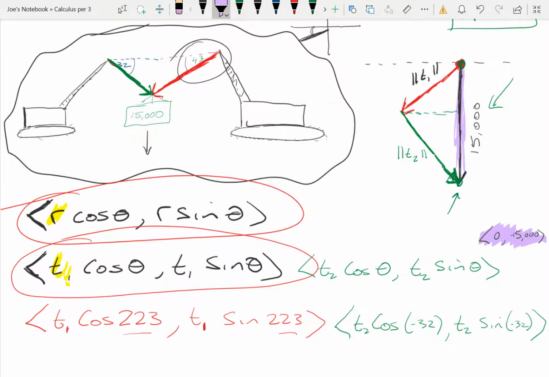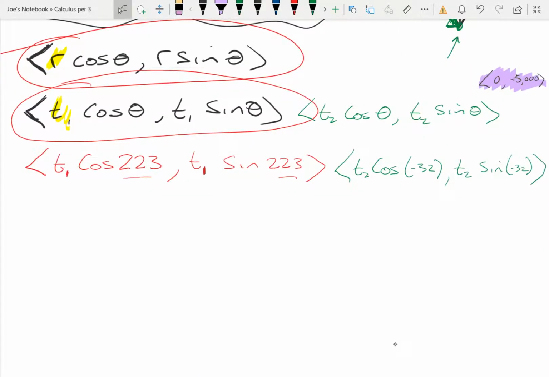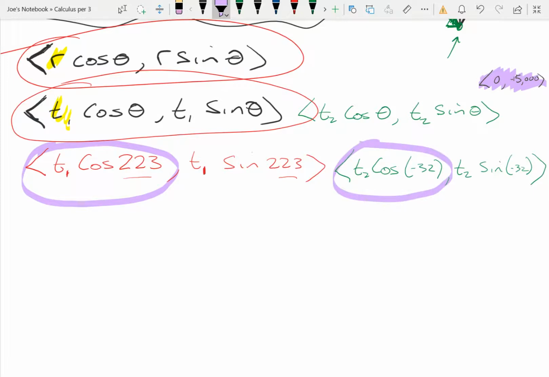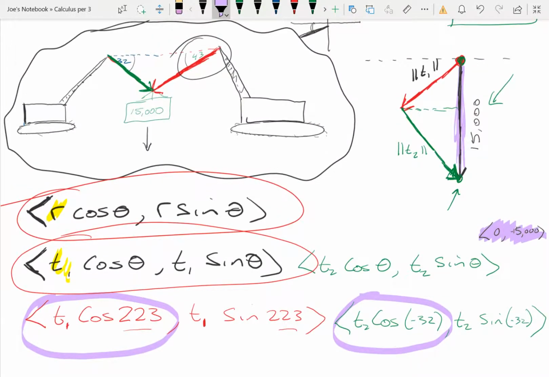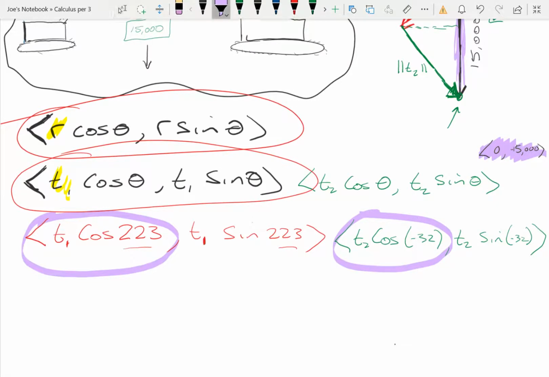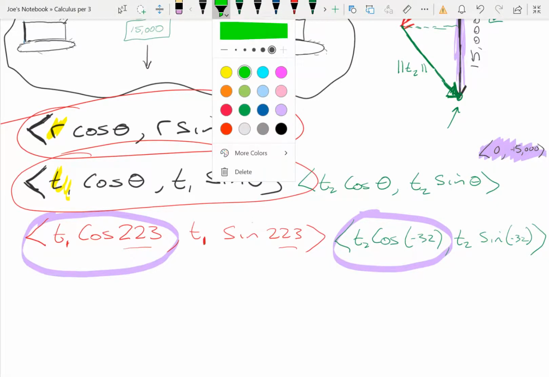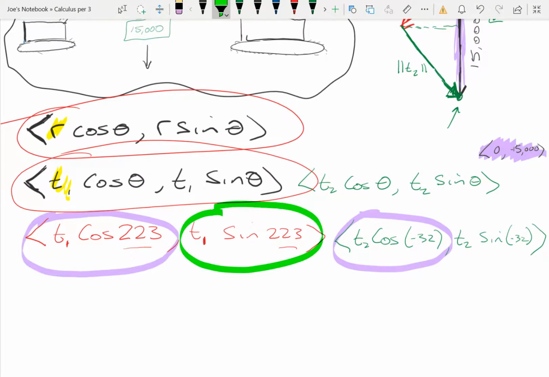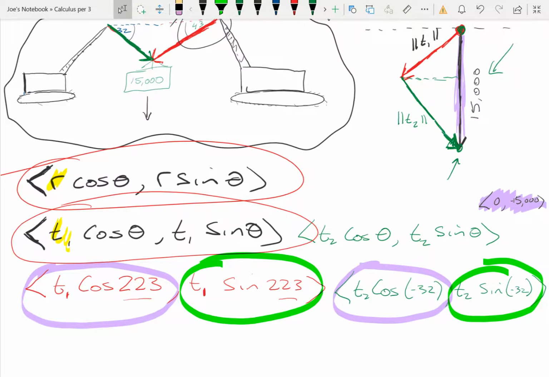So what that means is when you add up these numbers, when I add the purple X, or the red X, to the green X, it needs to equal 0. When I add the red Y to the green Y, it needs to equal negative 15,000, because that's where your resultant vector is going to be.